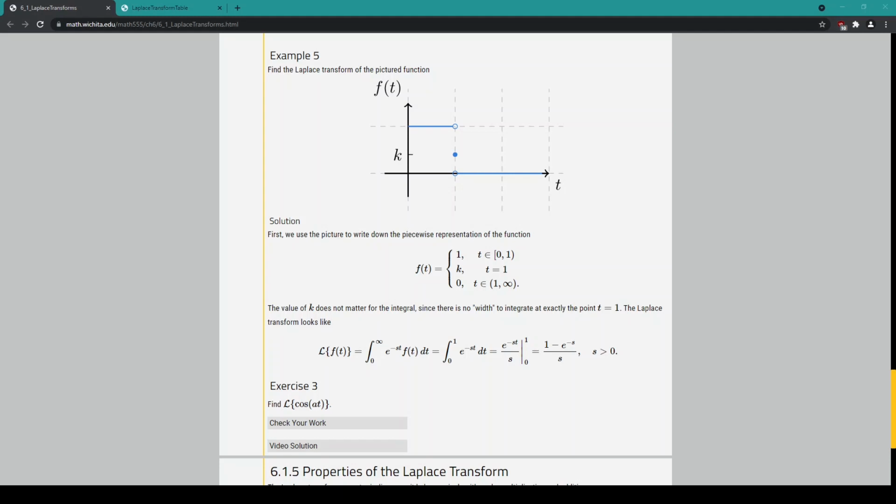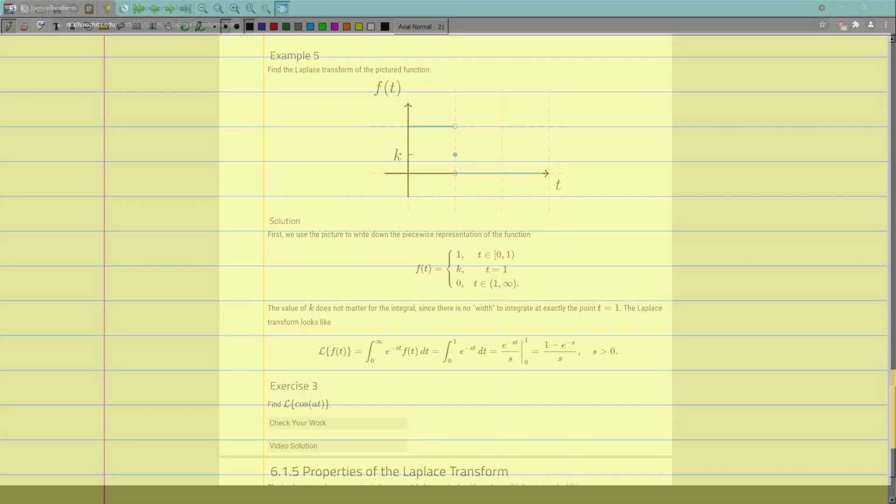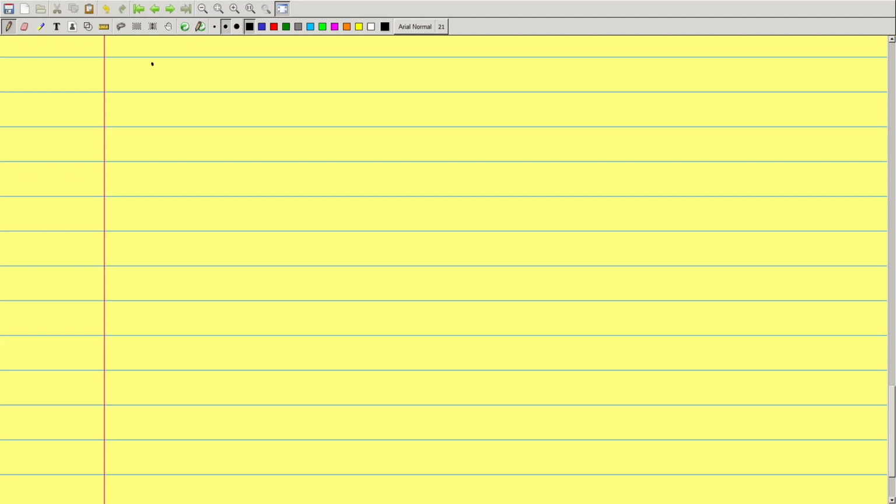Okay? In order to construct the integral, we build the integral by looking at our piecewise function here.